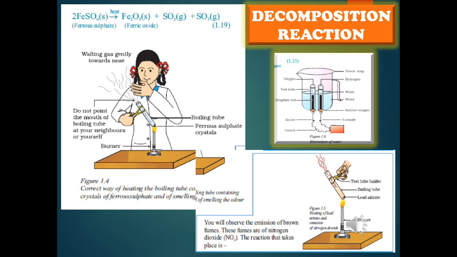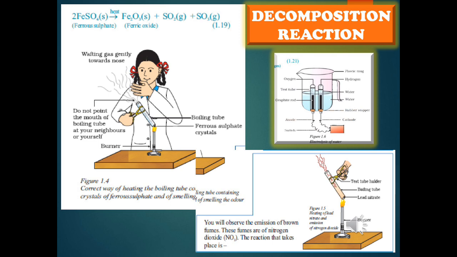And in the second one, that is FeSO4 gives rise to Fe2O3 plus SO2 plus SO3. This is a decomposition reaction in which ferrous sulfate crystals are split into ferric oxide and sulfur dioxide and sulfur trioxide gases.